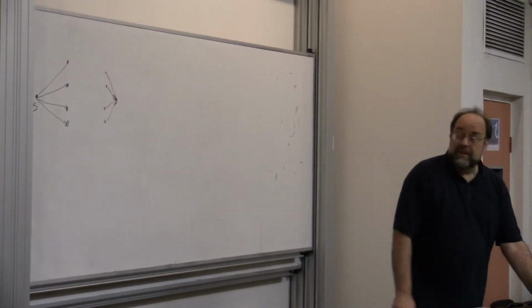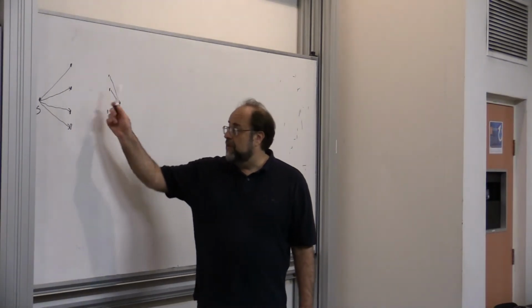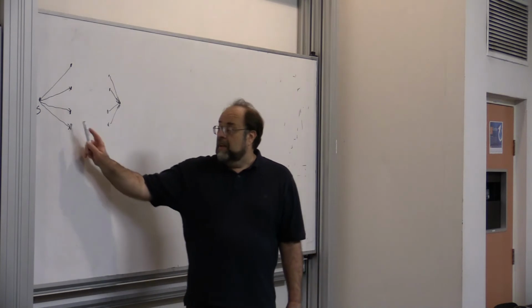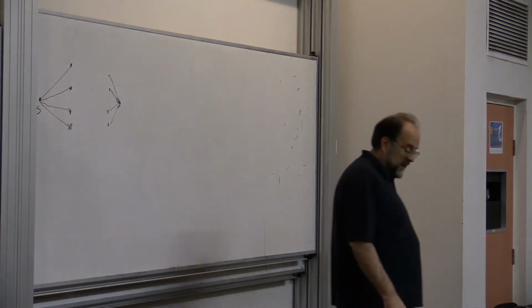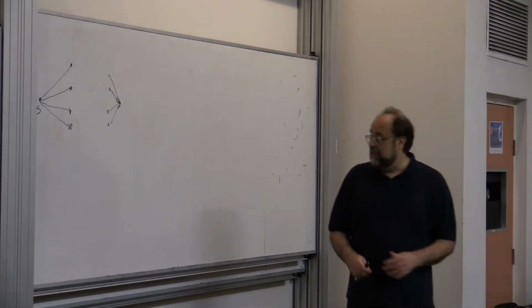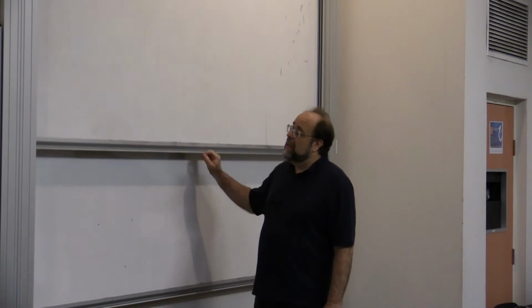So you are guaranteed that the min cut, which you find with the Ford-Fulkerson algorithm, will not cross any of these pipes with infinite capacity. Okay, so this is very useful to keep in mind.